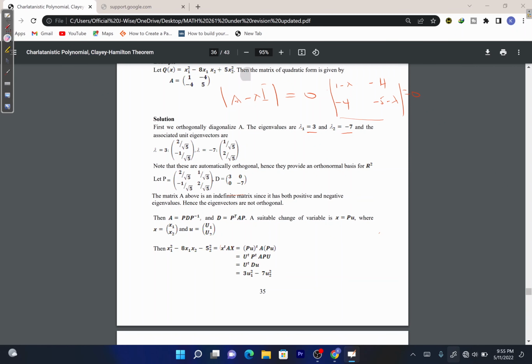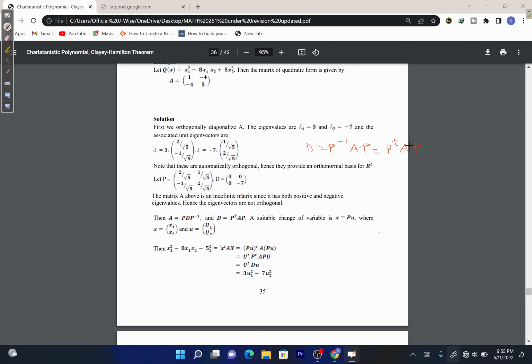Now let's diagonalize matrix A. We know that D is P inverse AP. But since A is symmetric, we can rewrite this as P transpose AP.